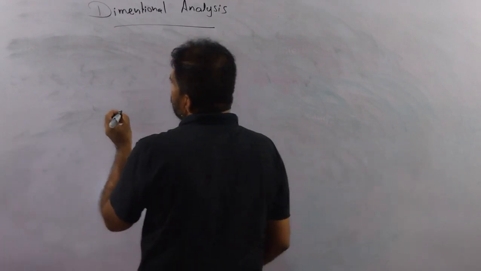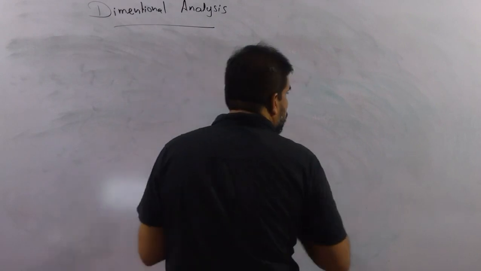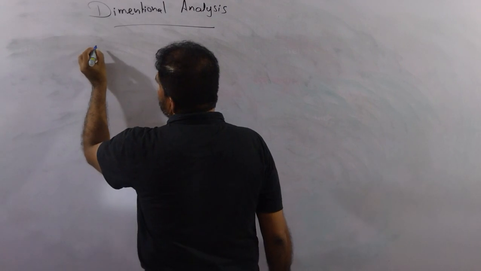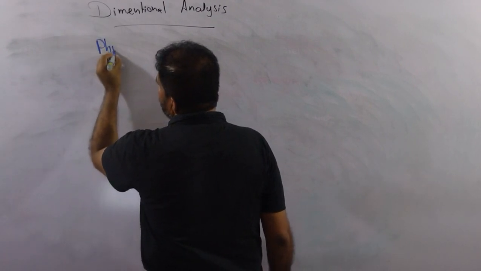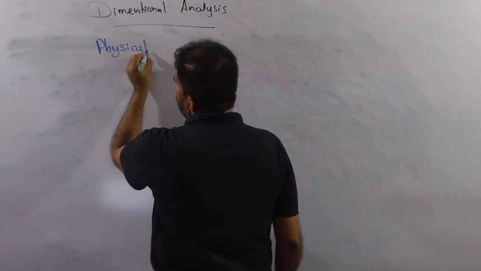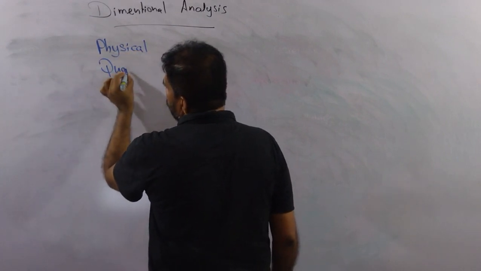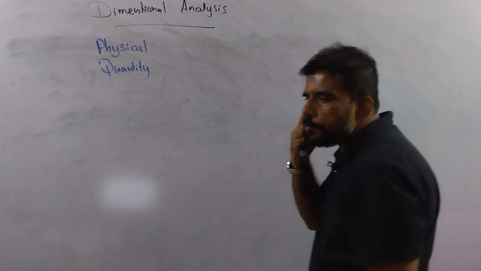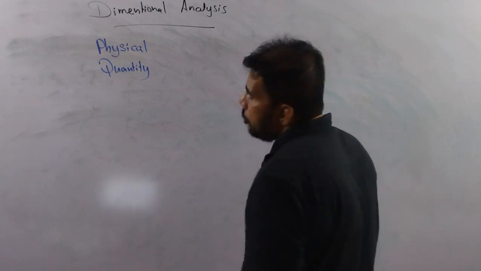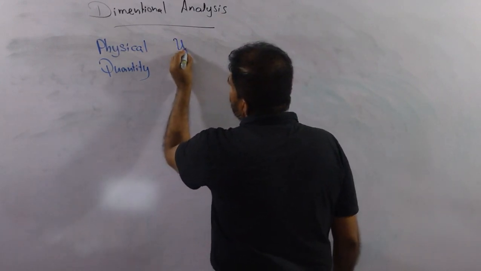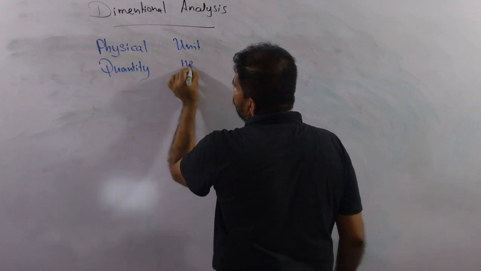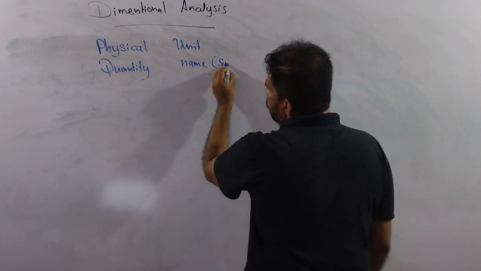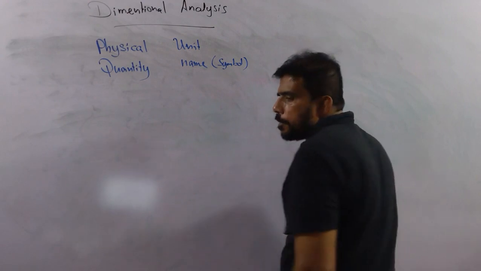So let's say we have 7 fundamental units. Then physical quantity, and maybe we can discuss its unit name, and maybe the symbol also, within brackets we will write the symbol. Right.